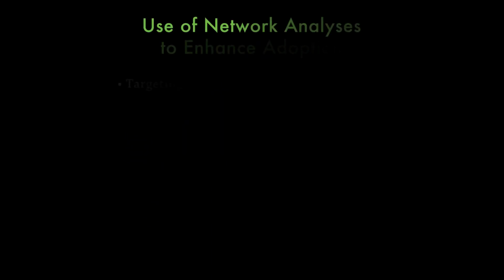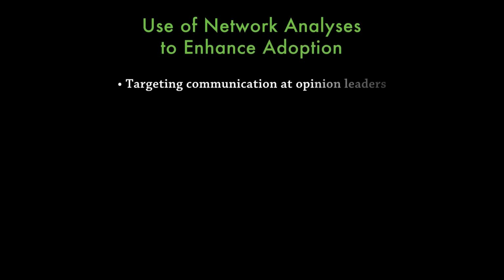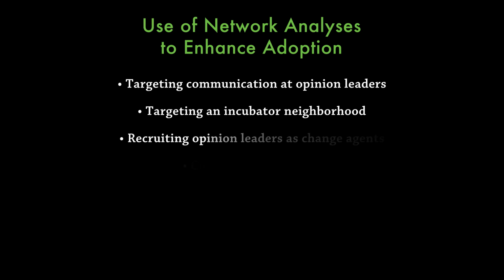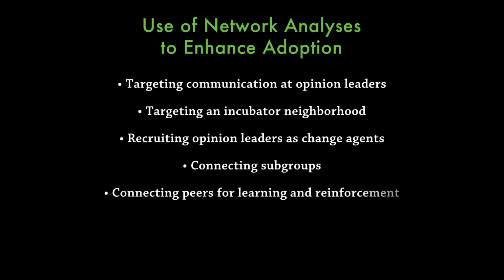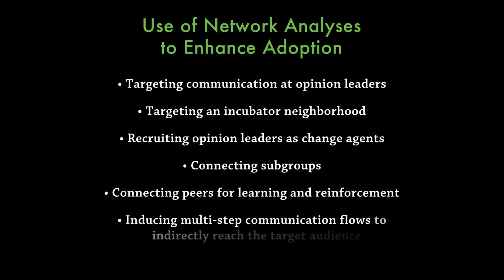The authors summarize the ways networks could be used to simulate change, including targeting communication leaders or an incubator neighborhood, recruiting opinion leaders, connecting subgroups, or connecting peers for learning and reinforcement. It is even possible to indirectly reach target audiences by inducing multi-step communication flows.